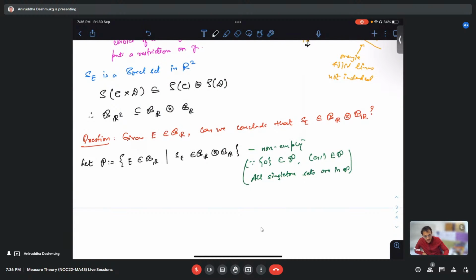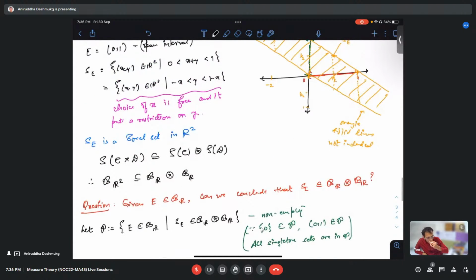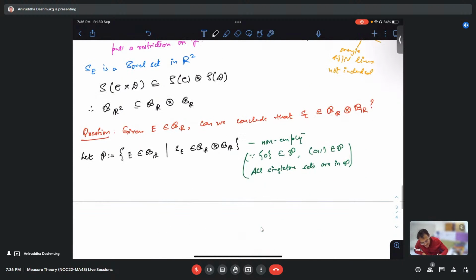Okay. Now, one thing is clear, that P is anyway contained in BR. So if I want to prove that it is equal, it is enough to prove that it is a sigma algebra and it contains all open sets, or it contains all open intervals. So let us start proving it.